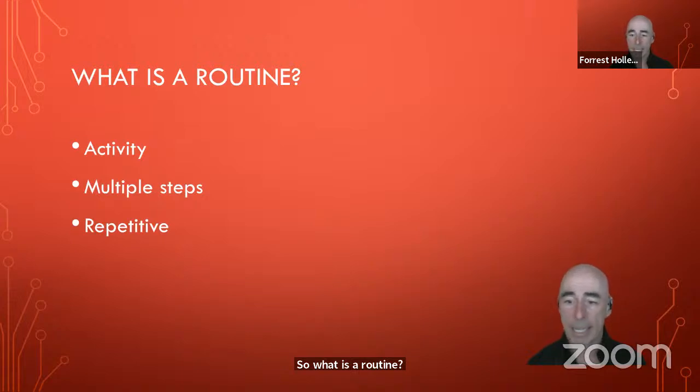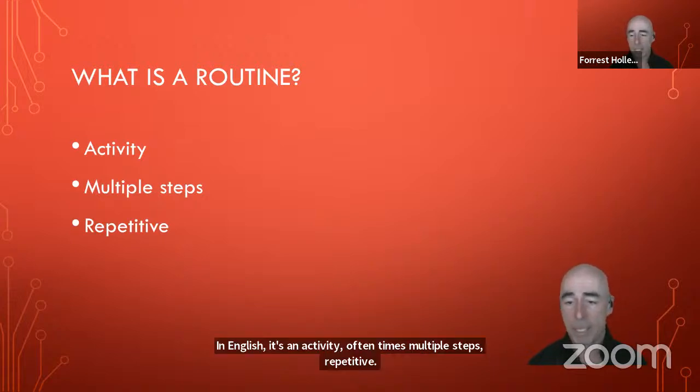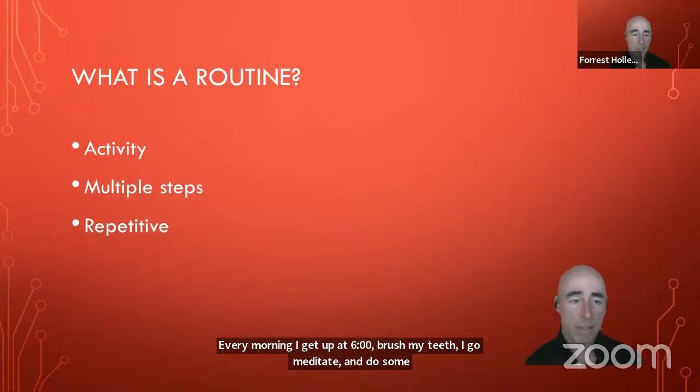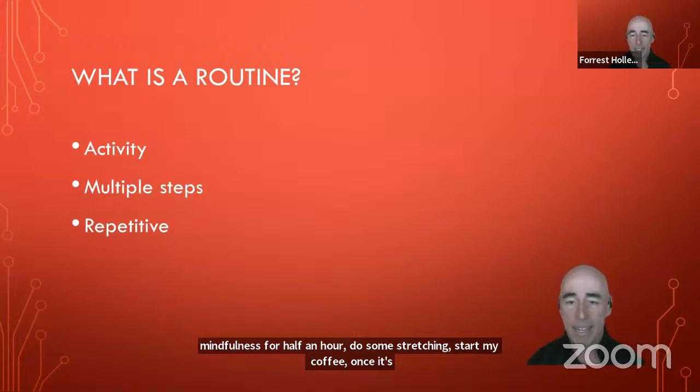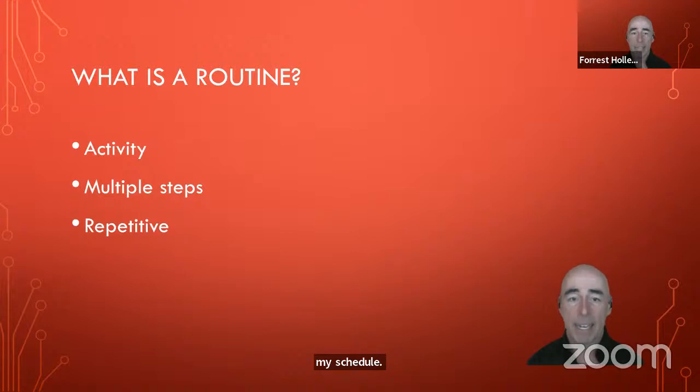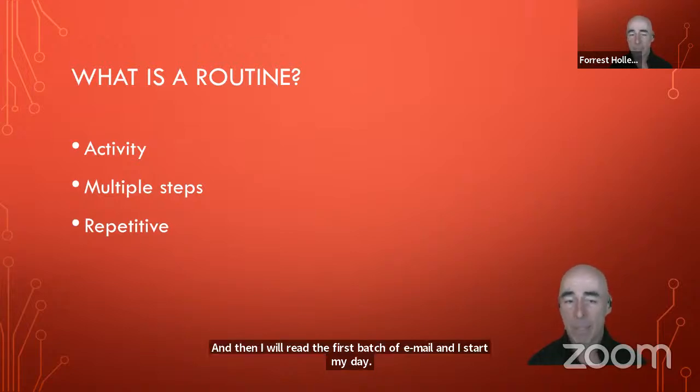So every morning I get up at 6, I brush my teeth, I go meditate and do some mindfulness for half an hour, do some stretching, start my coffee. Once my coffee is finished, I go and take a look at my to-do list for the day and my calendar, my schedule. Then I will read the first bunch of email and I start my day. And I do that day after day.